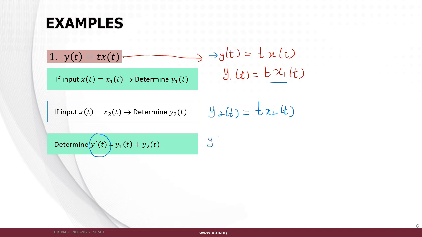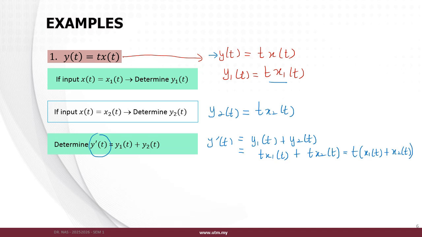So y prime(t) equals y1(t) plus y2(t), which is equal to t x1(t) plus t x2(t). This can be simplified to t times x1(t) plus x2(t). This is your y prime(t).